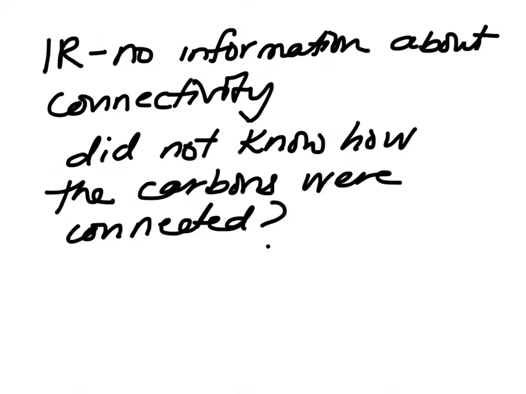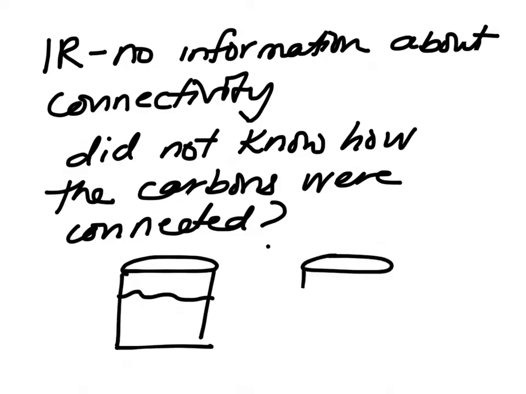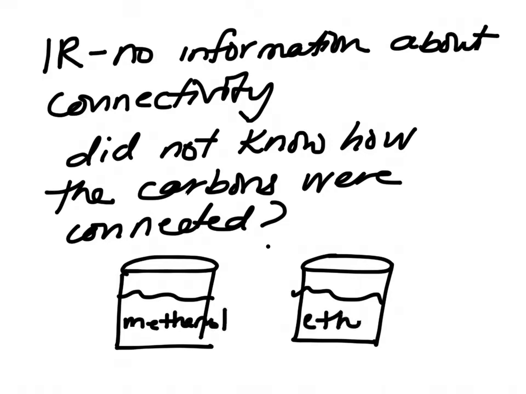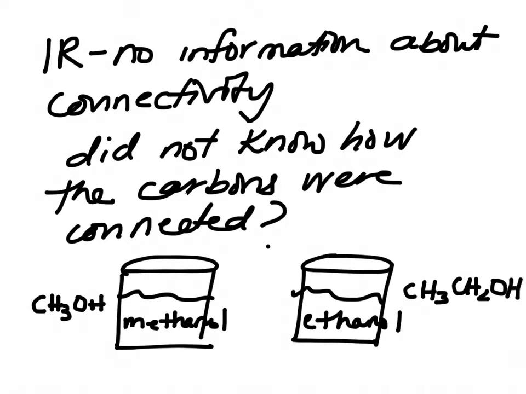So for example, if you have two clear liquids, one is methanol, the other is ethanol. The molecular formula, the structural formula for methanol is CH3OH, and for ethanol, it's CH3CH2OH.